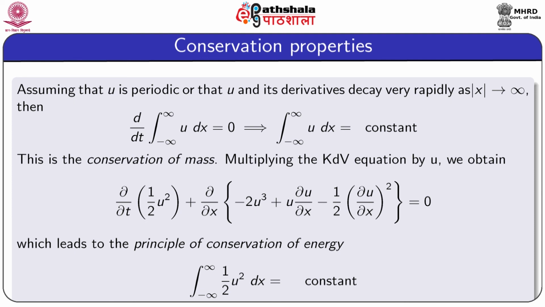Now, if we again integrate this equation with respect to x over the whole real line, we get d by dt of the integral of u square by 2 dx equals 0, or in other words the integral of u square by 2 dx equals constant. So, this represents the conservation of energy.